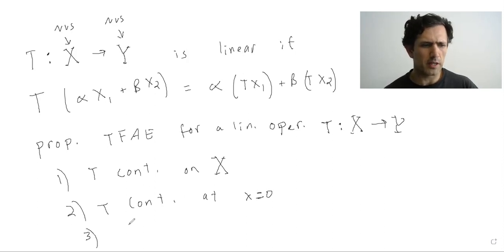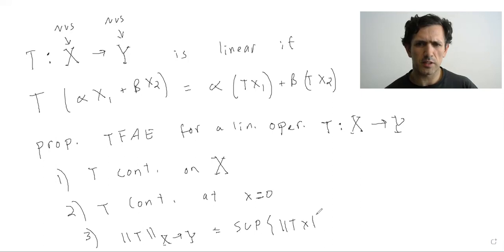And 3: what we colloquially call the operator norm is bounded, which is just the supremum of the norm of Tx over all x with norm less than or equal to 1.